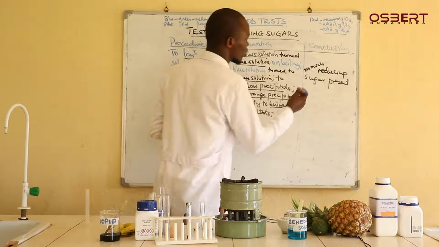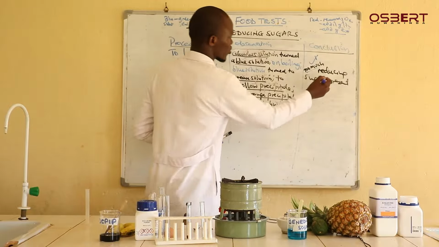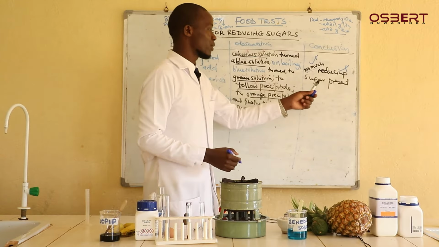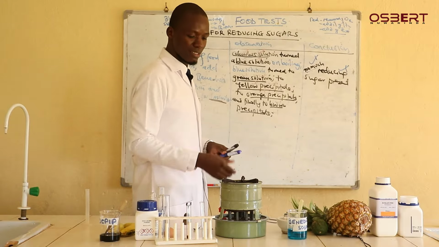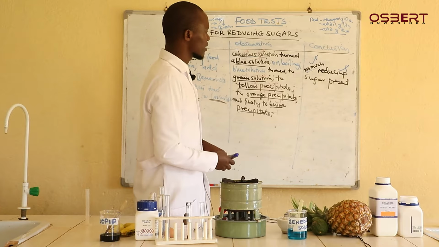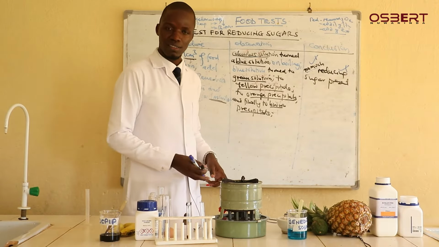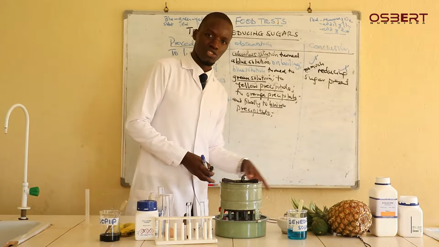There is a mark for identifying the quantity of reducing sugars present. Somebody who says reducing sugars are present is correct, but has not told us about the quantity. But you who say it is too much, you get an extra mark. If you want to pass, you need to get all those extra marks.